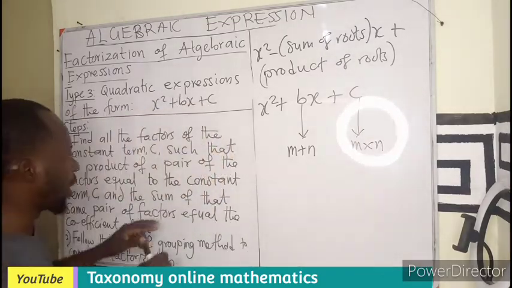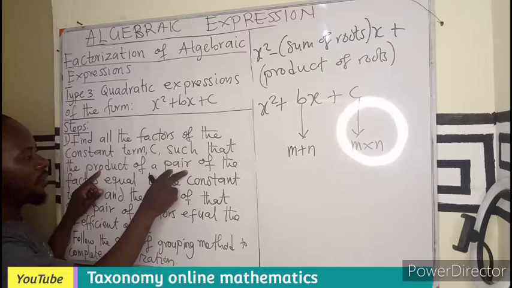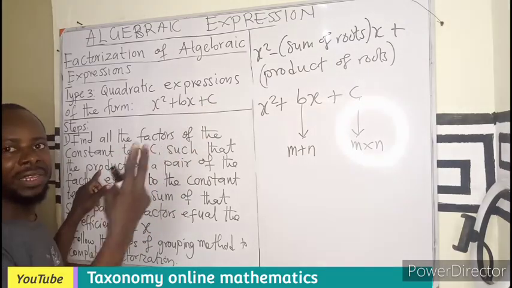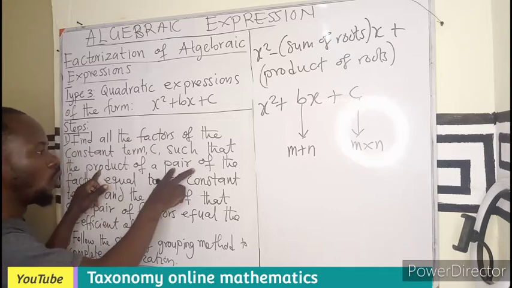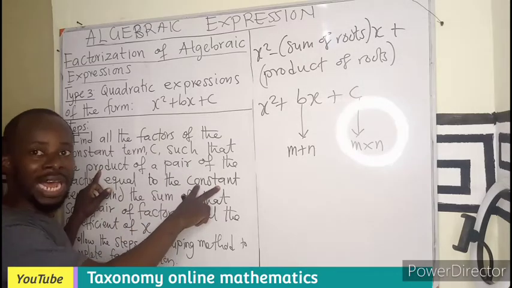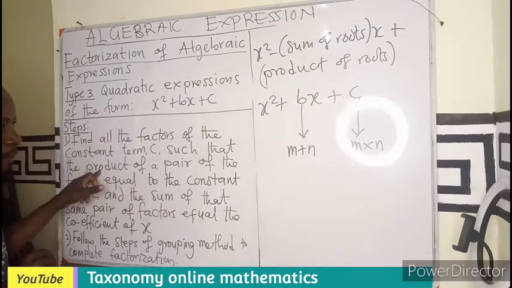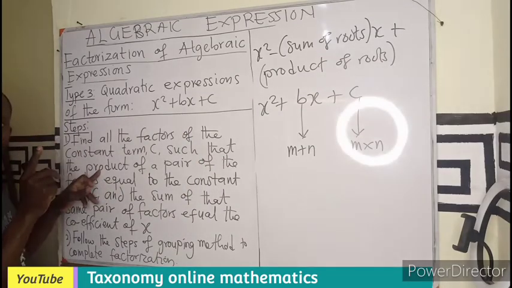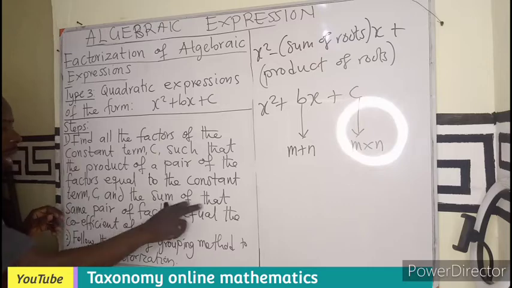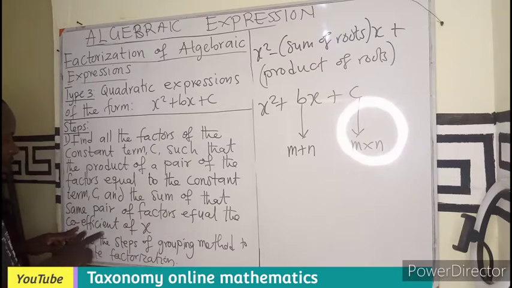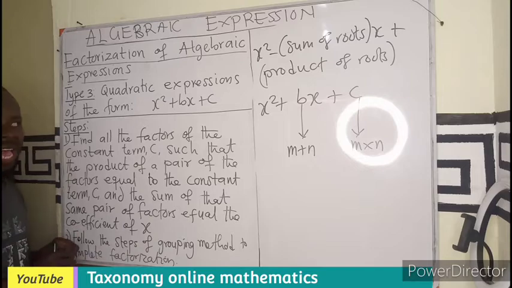N. The product of a pair, meaning there are so many factors of c, but a pair of them should multiply to give me what? The constant term c. And the same pair should also sum up to give me what? The value of the coefficient of my x.